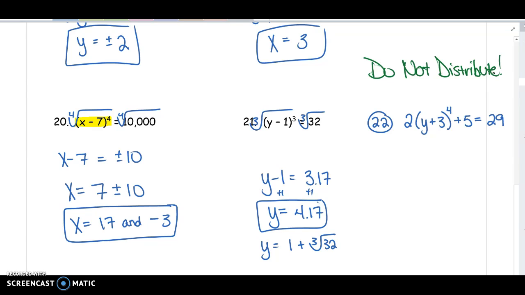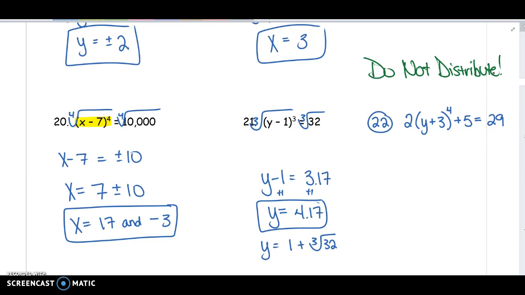I think PEMDAS is a little confusing sometimes because parentheses come first. So you think, oh, let's deal with the parentheses. Let's distribute. Distributing is not dealing with the parentheses. Distributing is multiplying. Parentheses means do the stuff inside the parentheses first. Well, we can't do y plus 3. Next would be exponents.